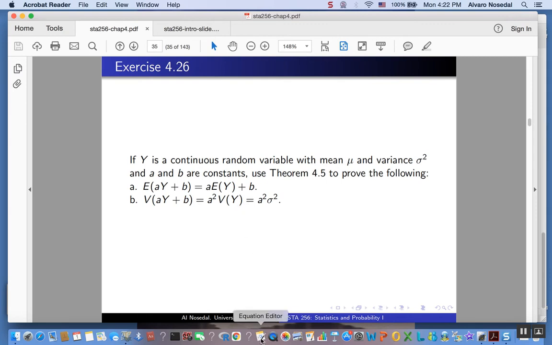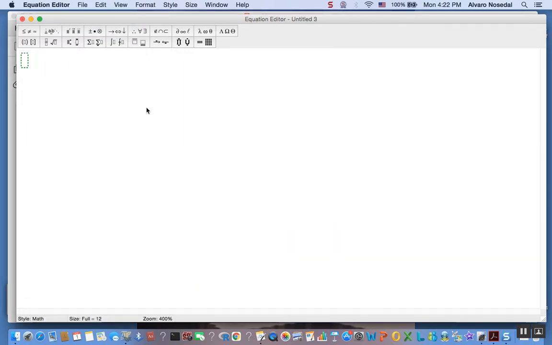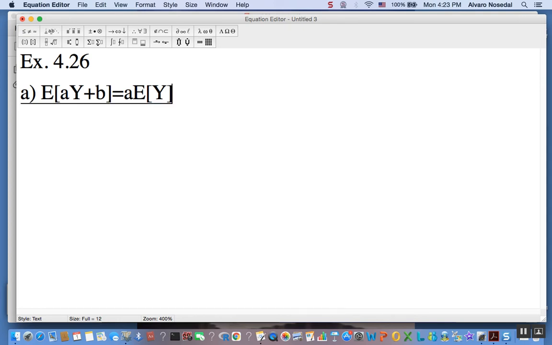Okay, let's do that one. Let me start here using a new one. So it's exercise 4.26. Part A, we want to show that the expected value of a times y plus b equals a times expected value of y plus b.